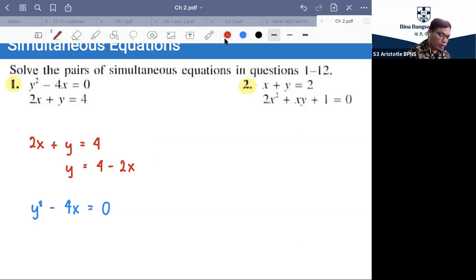So y is now 4 minus 2x, but don't forget the square outside, and then minus 4x equals 0. How do you solve it from here? I'll stop right here and you guys do the rest for number one and number two.